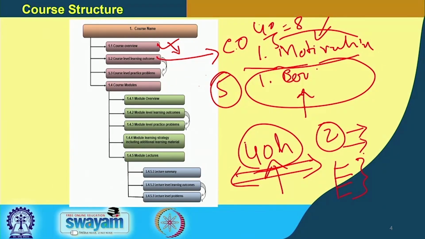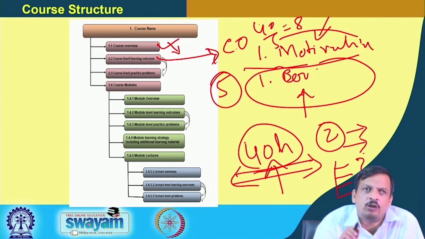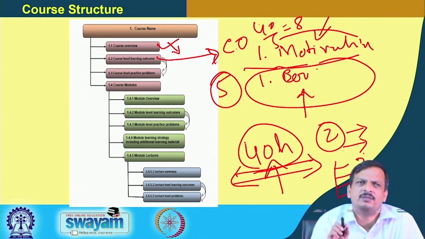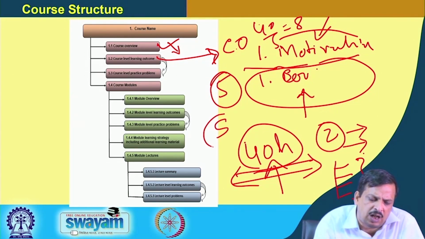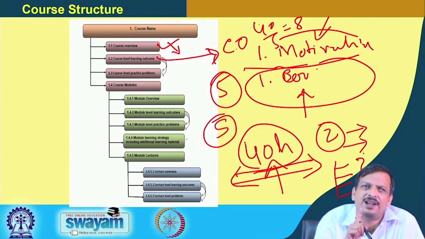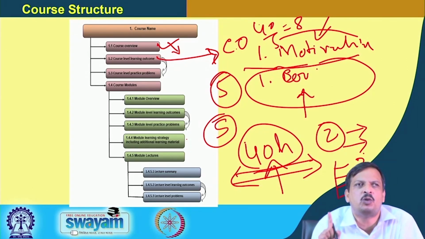So course outcomes are the major takeaway by the students, and generally every course consists of 4 to 6 course outcomes. How do I come to the number? If there are 5 course outcomes, then the average number of lectures required per outcome is 8.